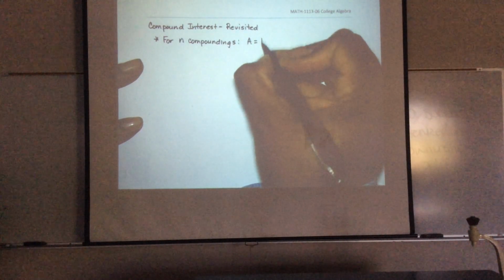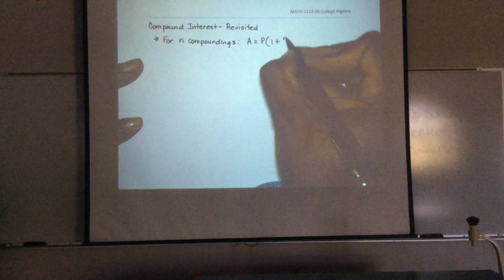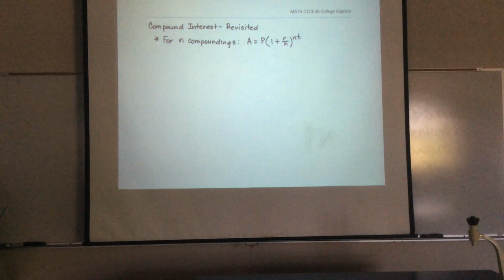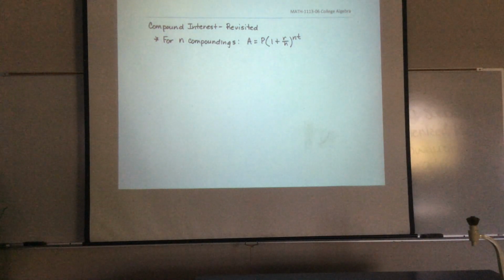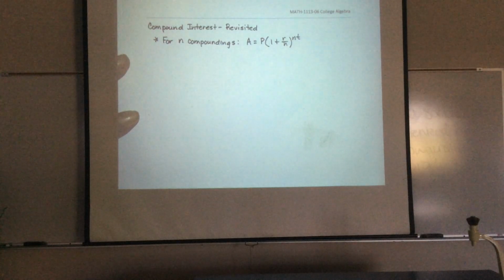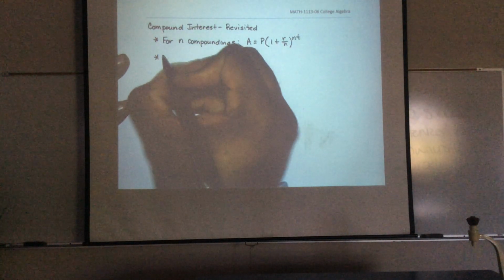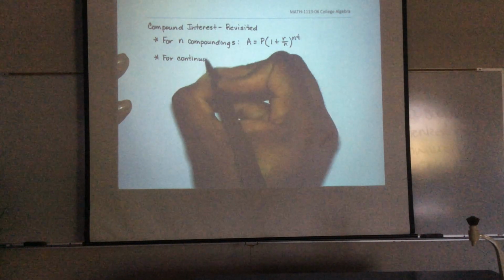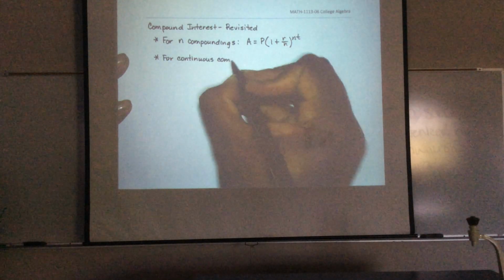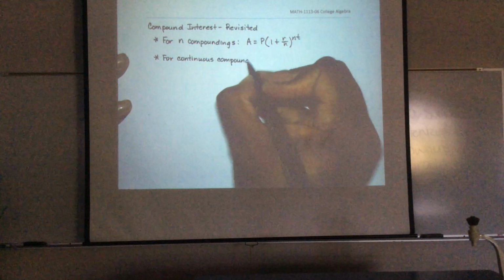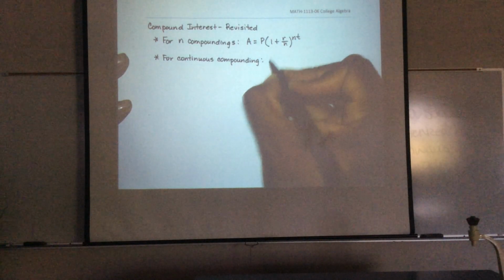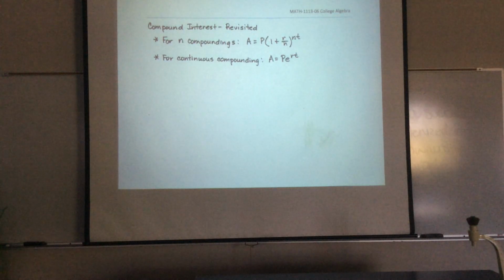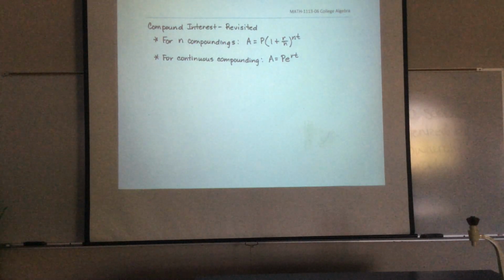A is equal to P times the quantity 1 plus r divided by n, raised to the n times t power. That's what you have to use here. Now for continuous compounding, you had to use this formula. A is equal to P times e to the rt. Those were the 2 formulas you had to use here.